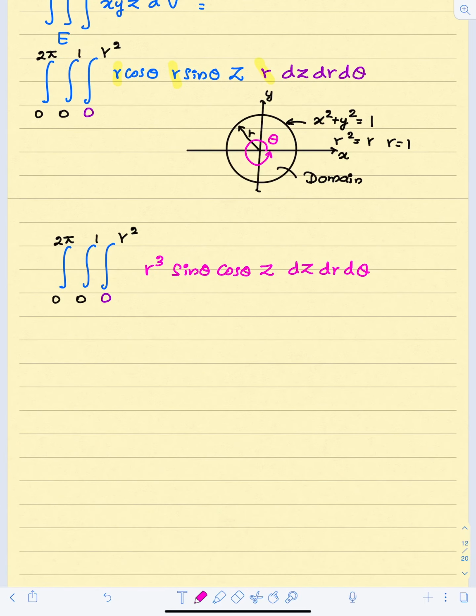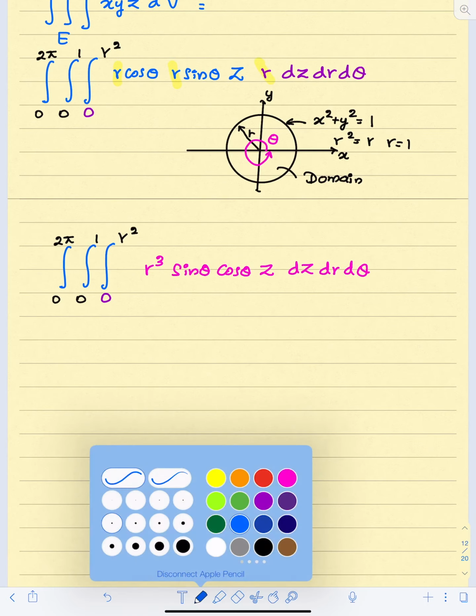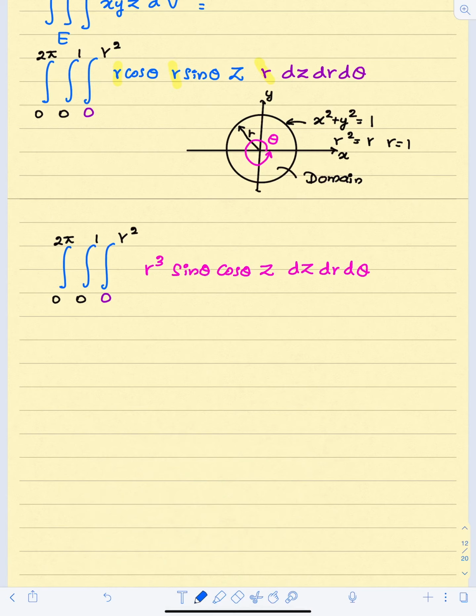My first variable of integration is z. So if you integrate this z, you should get z squared over 2, dr d theta.